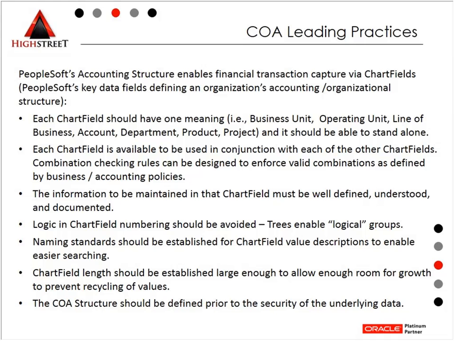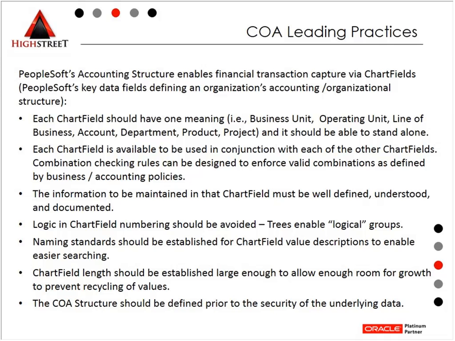Next, we have each chart field is available to be used in conjunction with each of the other chart fields. Now, as I mentioned before, PeopleSoft has that functionality of combination editing that allows you to define chart field to chart field relationships and even specify which value combinations are acceptable and which are not.